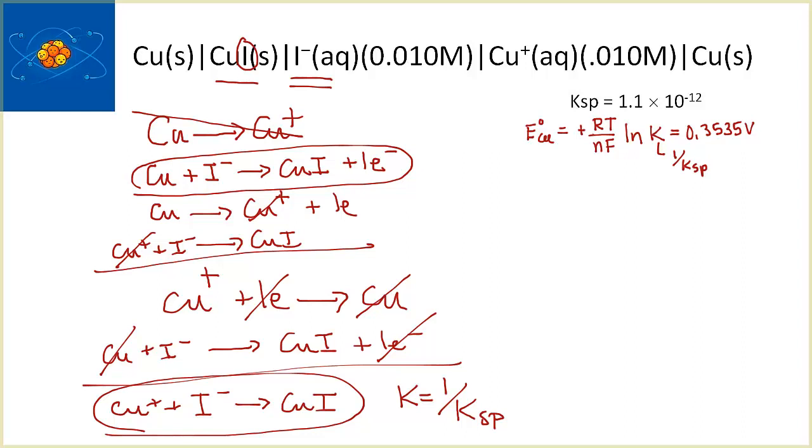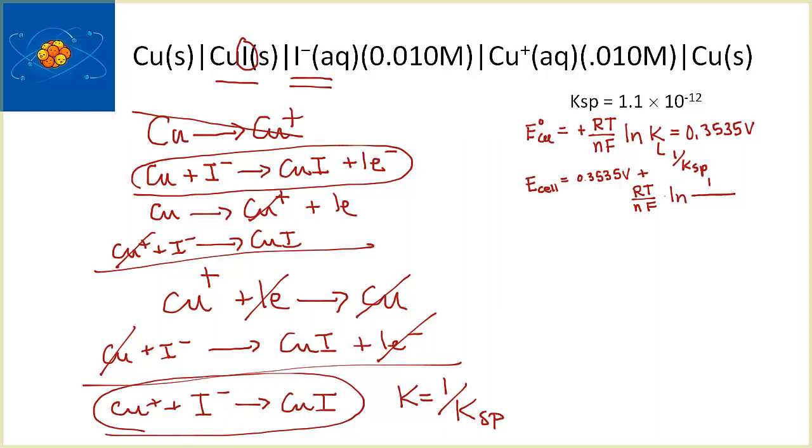So that's E0 for the cell, and now I can use the Nernst equation to calculate what the potential of the non-standard cell is. I'm going to use E cell is equal to 0.3535 volts plus RT over nF times the natural log of, and this is actually 1 over Q, but if you look at the reaction as it's written, it's products, which are solid, divided by reactants.